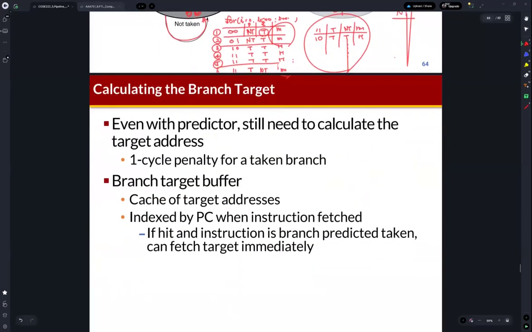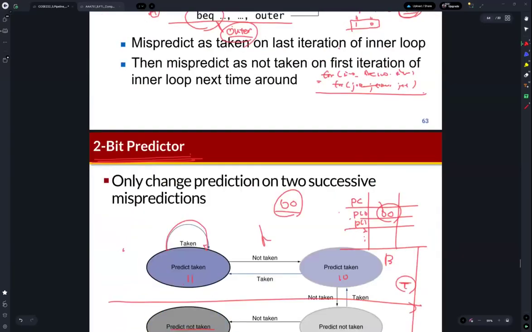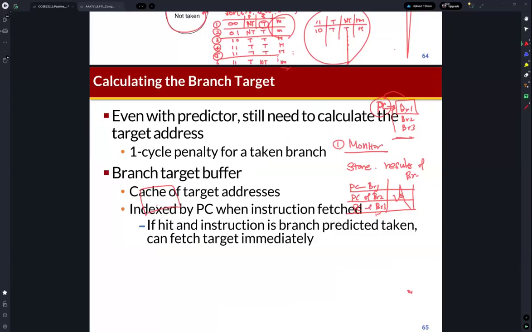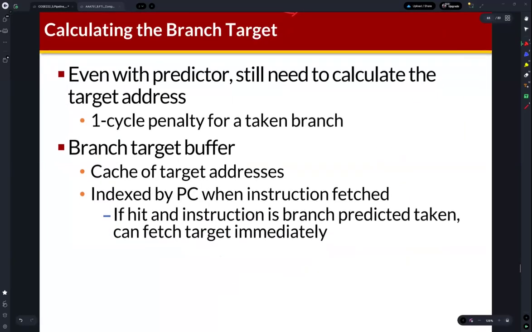Okay. So using the branch predictor, I mentioned that we can predict the result of the instruction. The branch prediction buffer, BPB, is in the instruction fetch stage. So what does that mean? Which means we can predict the result of a branch instruction in the instruction fetch stage, right?